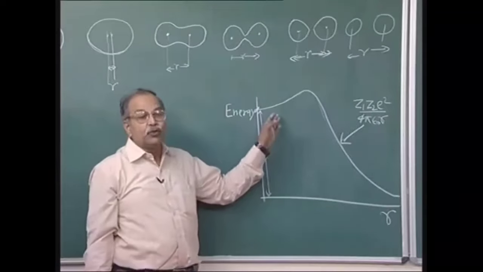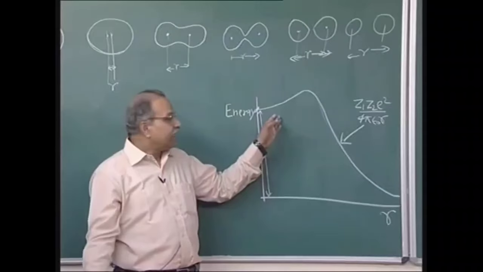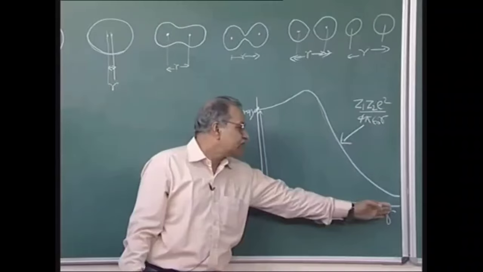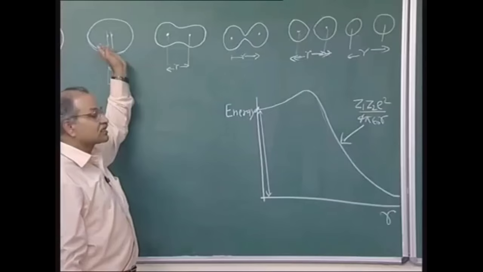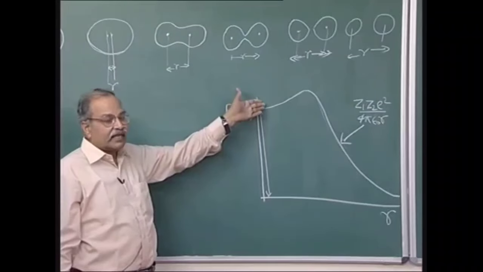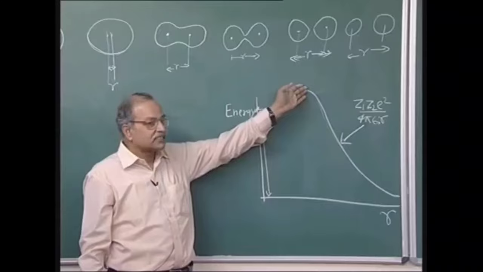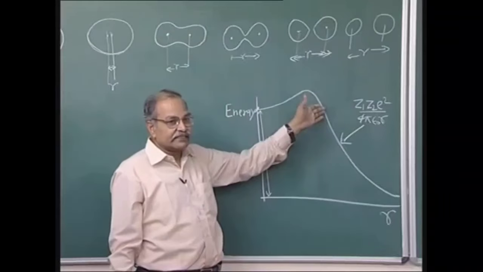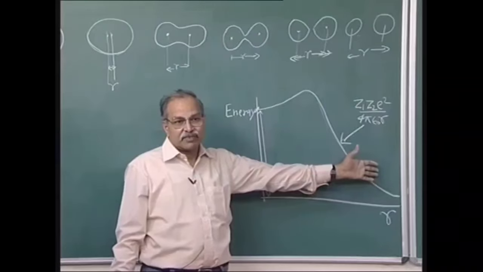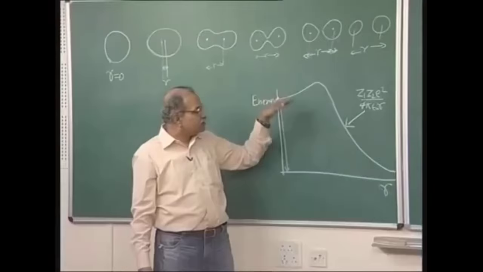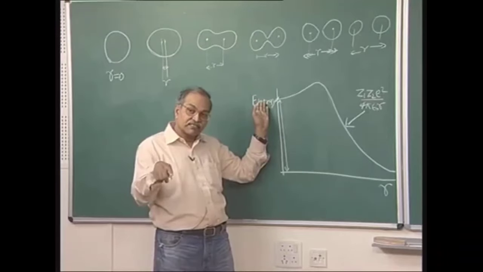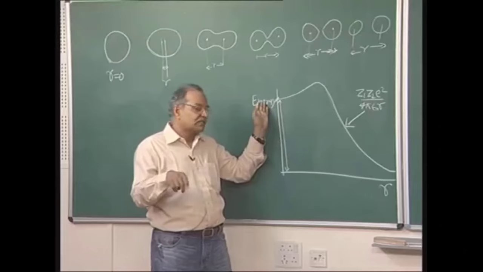So, this is that Q value of that reaction, and intermediate between this value and this value, as the deformation starts, the energy increases, and then it goes through a maximum, and after that it decreases, and finally, it just goes as 1 by r dependence. So, this is the kind of dependence of this energy, which includes surface energy as well as Coulomb energy.